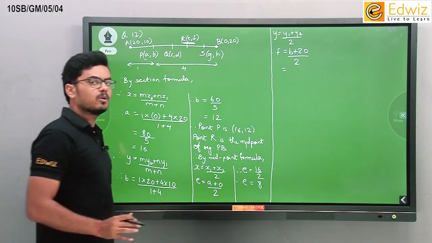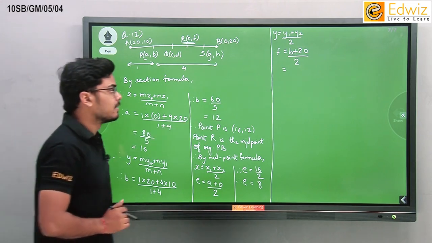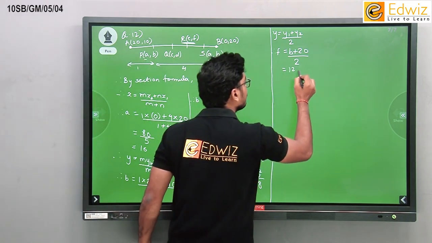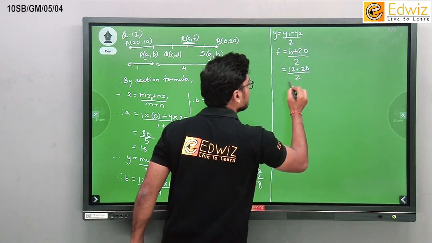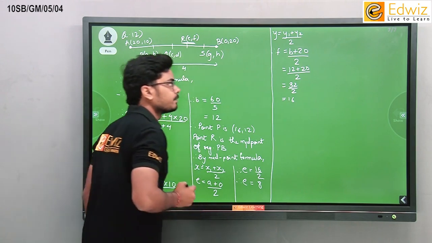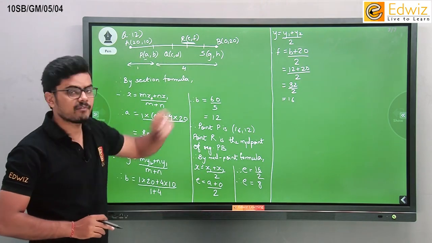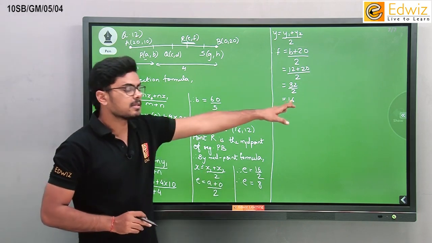Okay, we already know the value of B. B हम लोगों का आंसर आ चुका था, that is 12. So 12 plus 20 divided by 2 मतलब 32 divided by 2 which is nothing but 16. Correct? So point R भी मिल गया मुझे. E, F मतलब 8, 16.